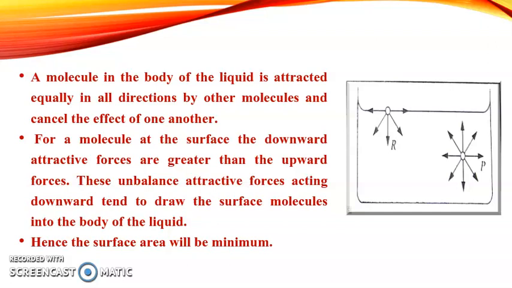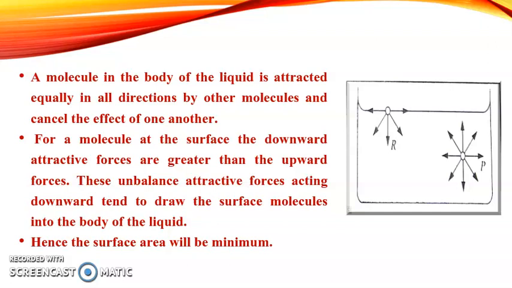So, for a molecule in the bulk of the liquid, there will be an equal attractive force from other molecules surrounding it. So, the net effect will be cancelled, or the net effect will be 0. But for a molecule at the surface of the liquid, there is a greater downward force because there are no molecules at the upper side of that surface molecule. So the attraction downward will be greater than the upward forces.